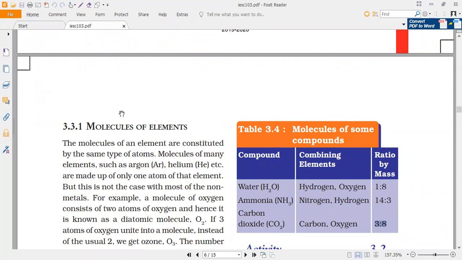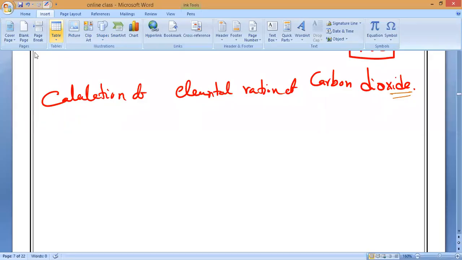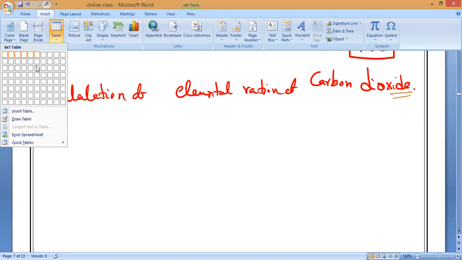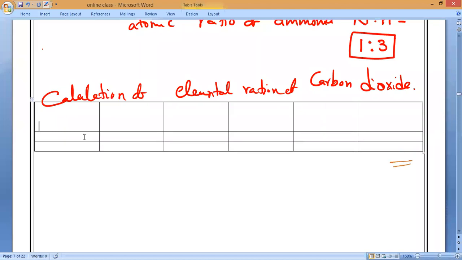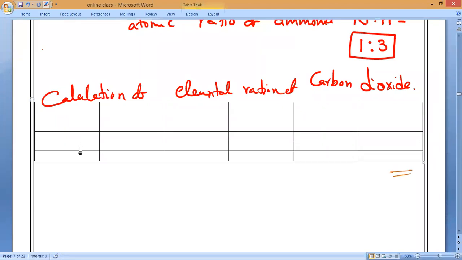With the help of that only we are going to do it now. Mass ratio you have to remember. Now construct the tabular column, 6 by 3. Construct it fast.